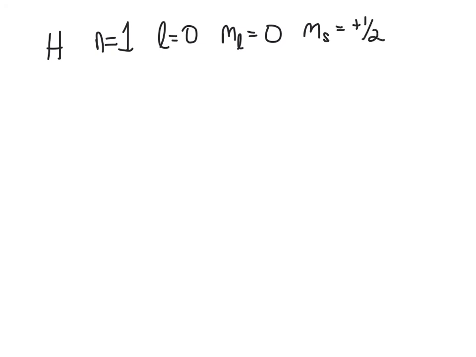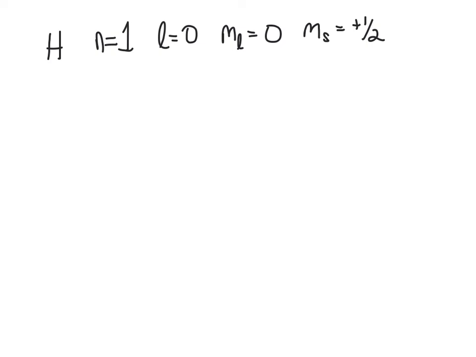So it's spinning clockwise, or spinning up. So these are the 4 quantum numbers that describe the hydrogen electron. The first 3 only describe the orbital, but if you have a 4th one, now you're describing the electron. That electron is in that orbital.